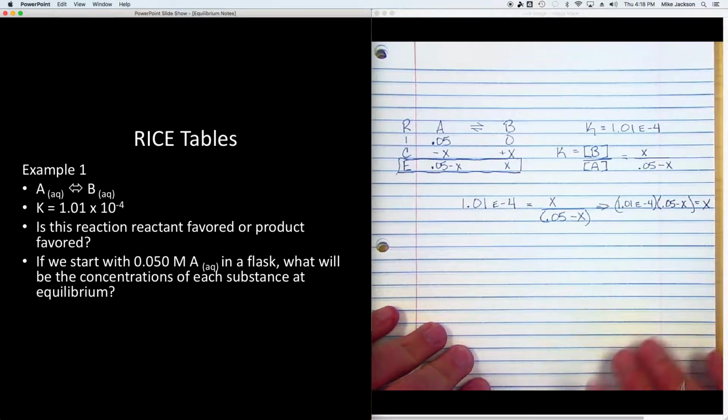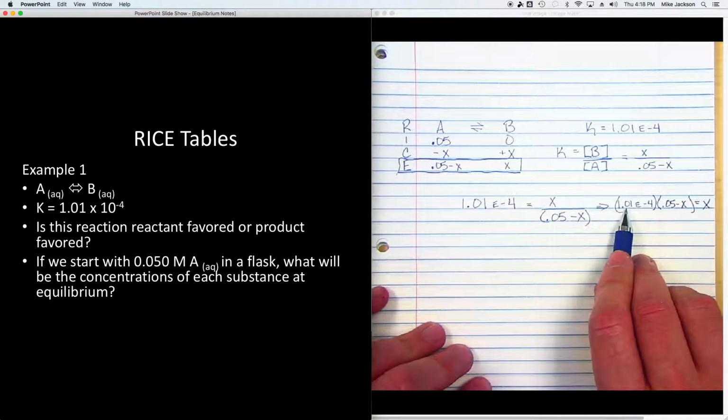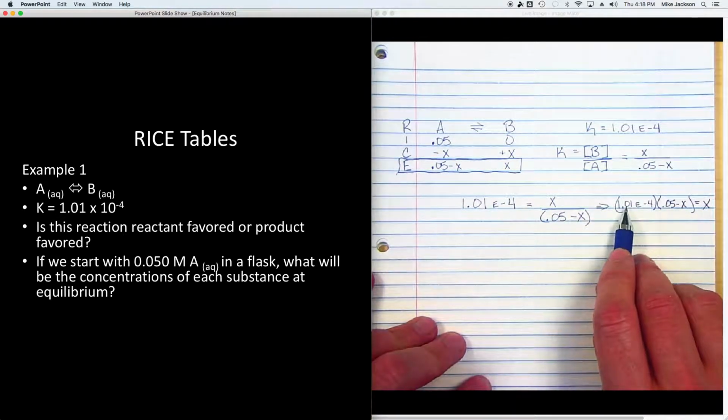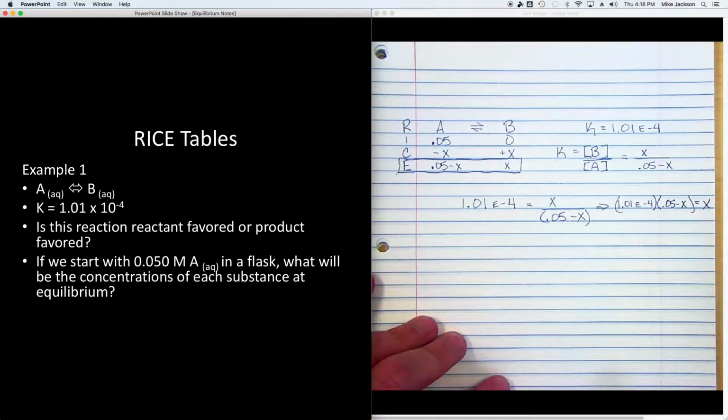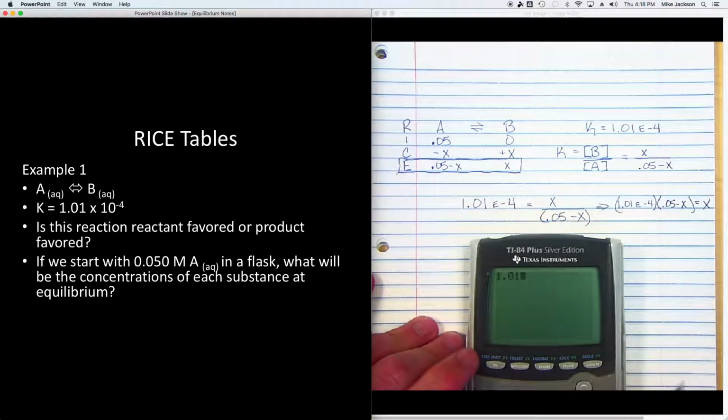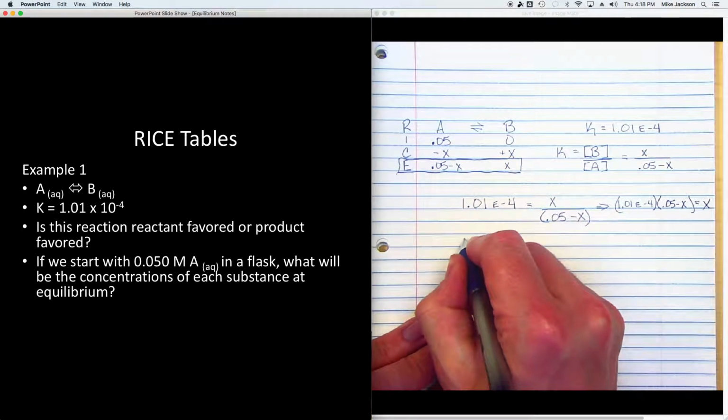So what I'm going to do now is I'm going to take just some basic algebra. 1.01 times 10 to the minus 4, I'm going to distribute across this quantity. So 1.01 times 10 to the minus 4, that E, remember, translates to times 10 to the minus 4, times 0.05, and we have 5.05 times 10 to the minus 6.